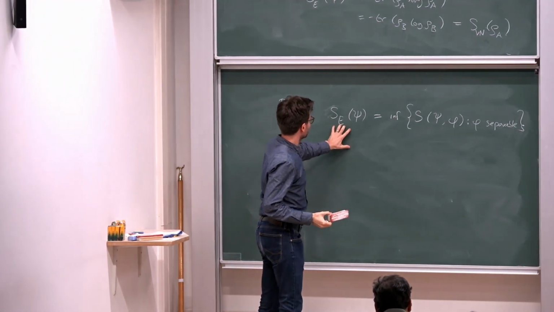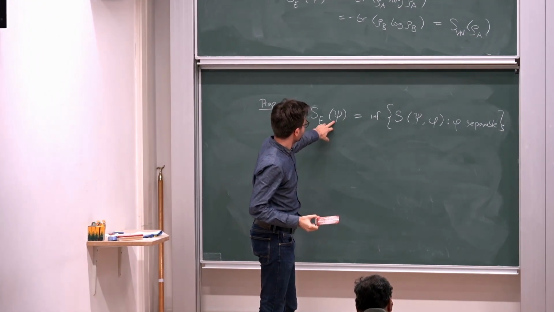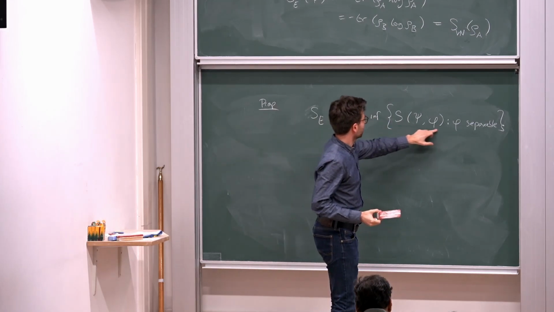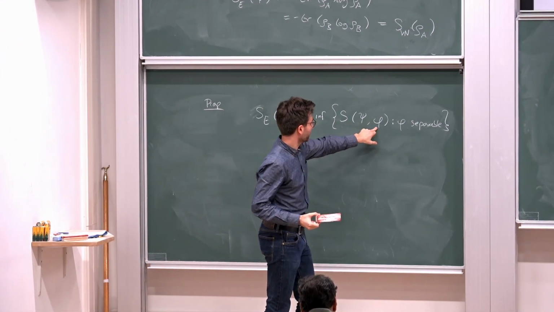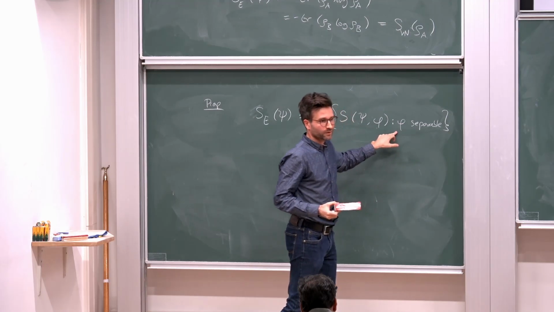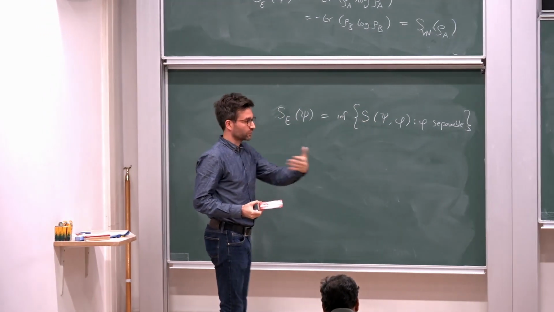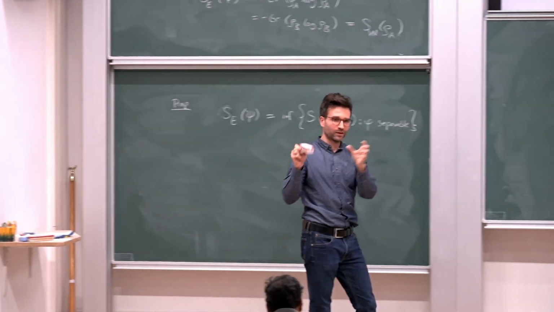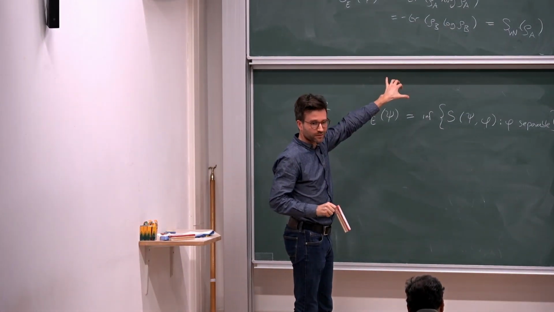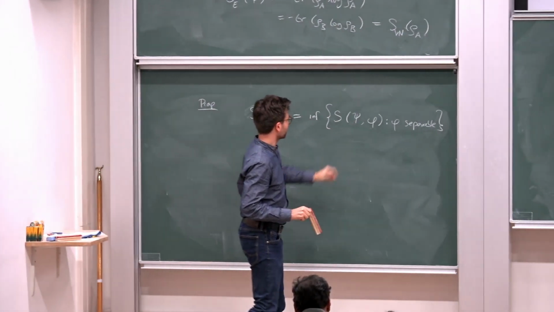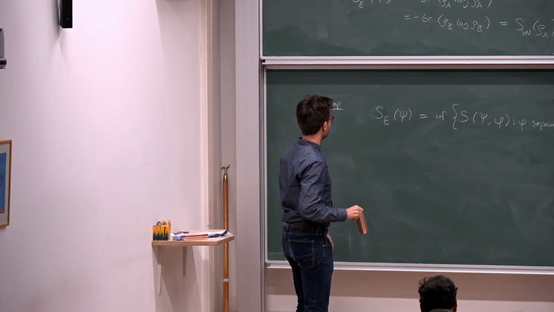We can determine the entanglement entropy as the so-called relative entropy between two states, psi and phi, where phi is separable. We saw what separable means: you can write it down as a sum of tensor products of states, and that's what is meant by separable.